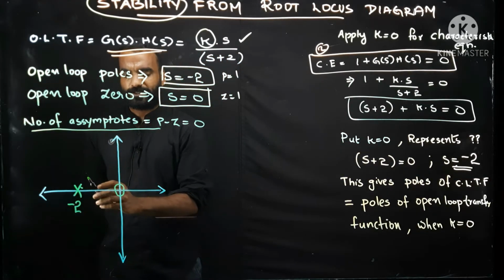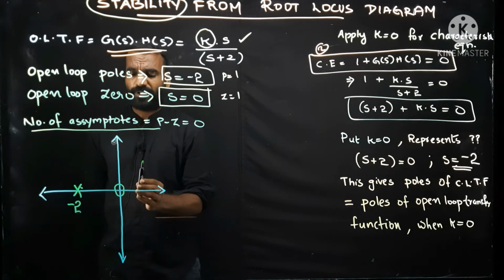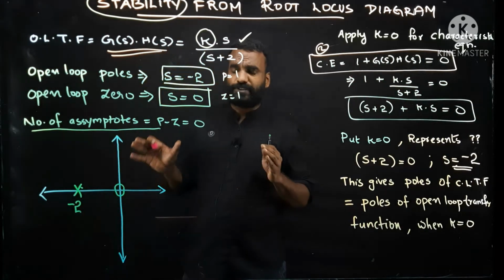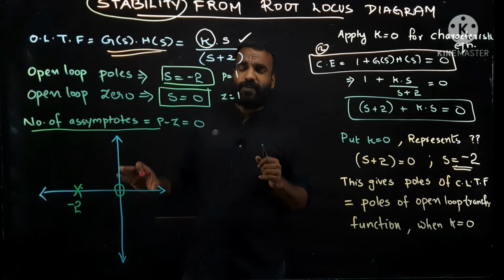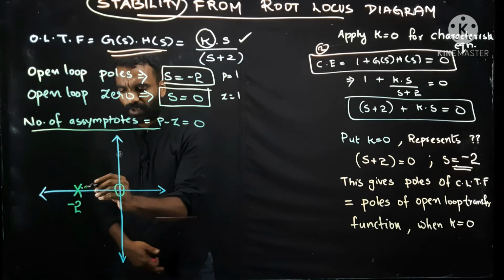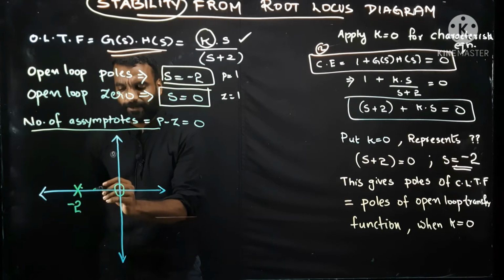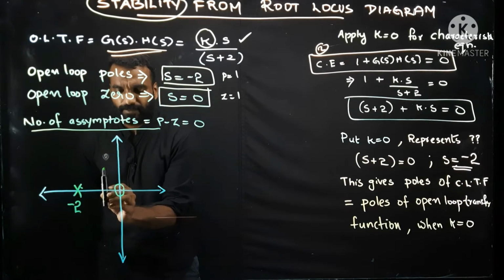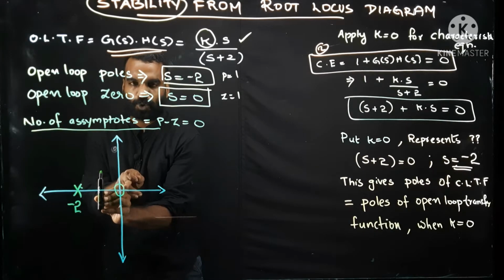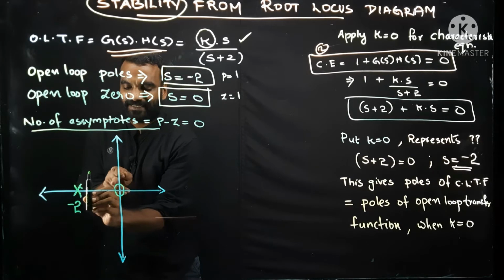In between the pole and zero. It will start from the pole and end at the zero. And we do one more check. There is no question of finding the angle of arrival or angle of departure because complex poles and zeros are not there. So the root locus will exist on the real axis only. We have to check on the right side: the number of poles plus zeros is odd, only 1. So root locus exists in this branch.